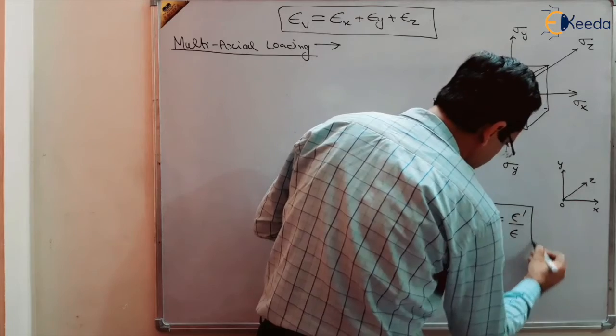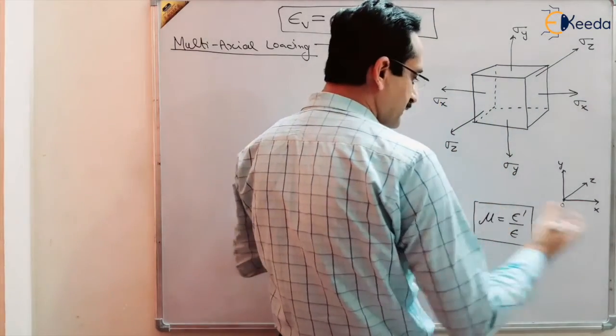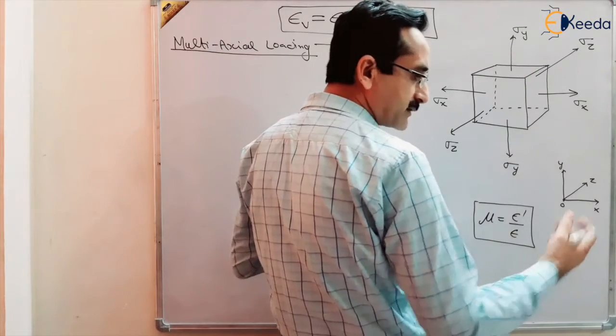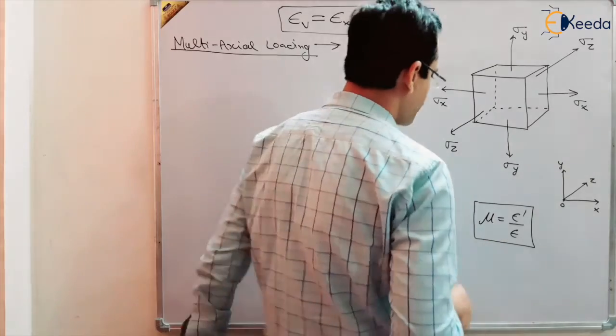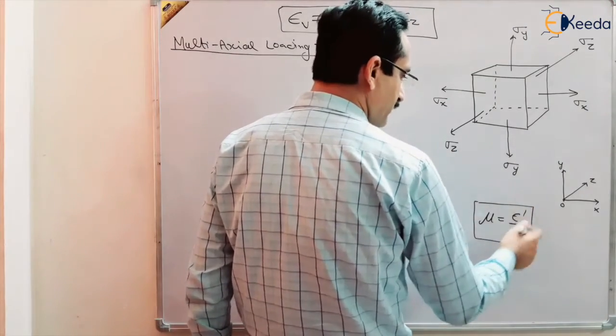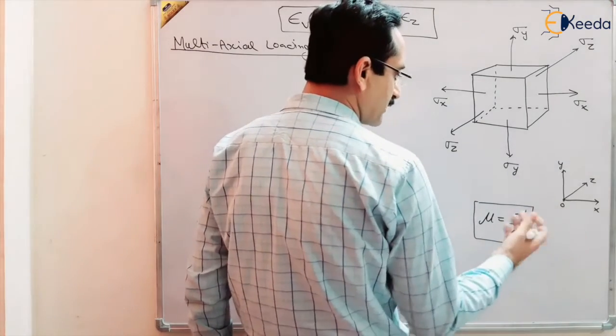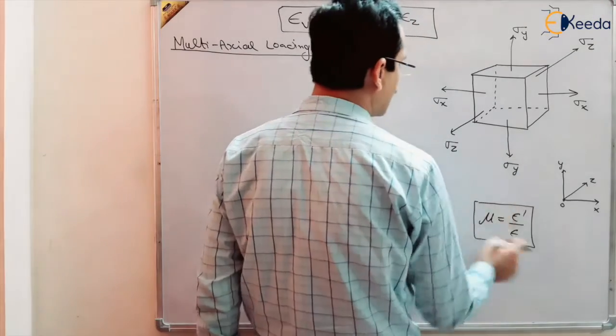This is our Poisson's ratio, and this is negative because if the length increases in linear direction, the dimensions decrease in lateral direction, right? So Poisson's ratio is actually negative, but we are not writing it. Generally Poisson's ratio is given in a positive sense, but numerically it is a negative value, right?